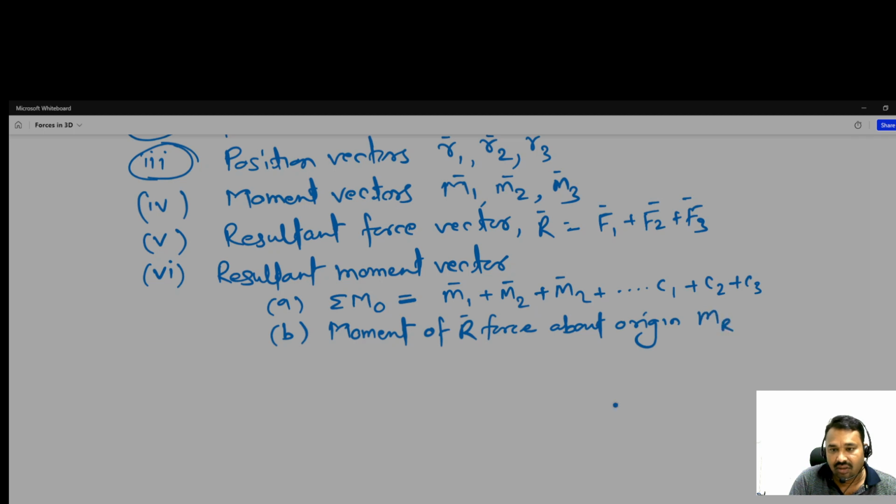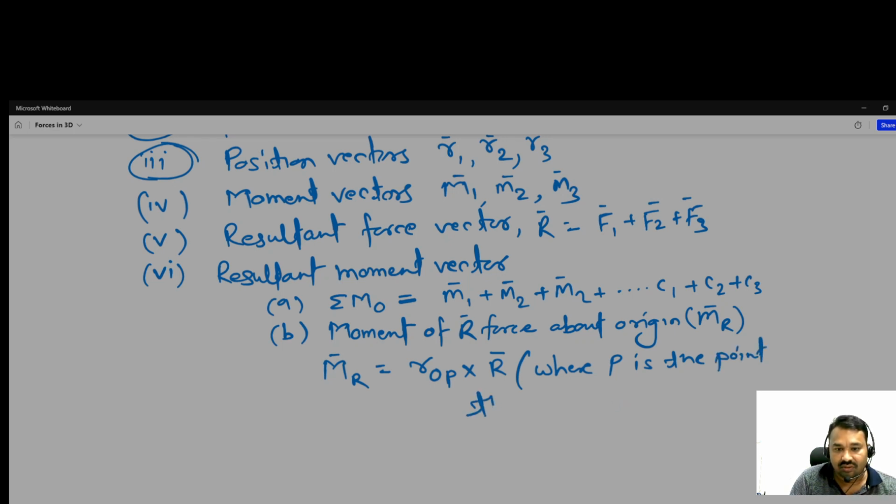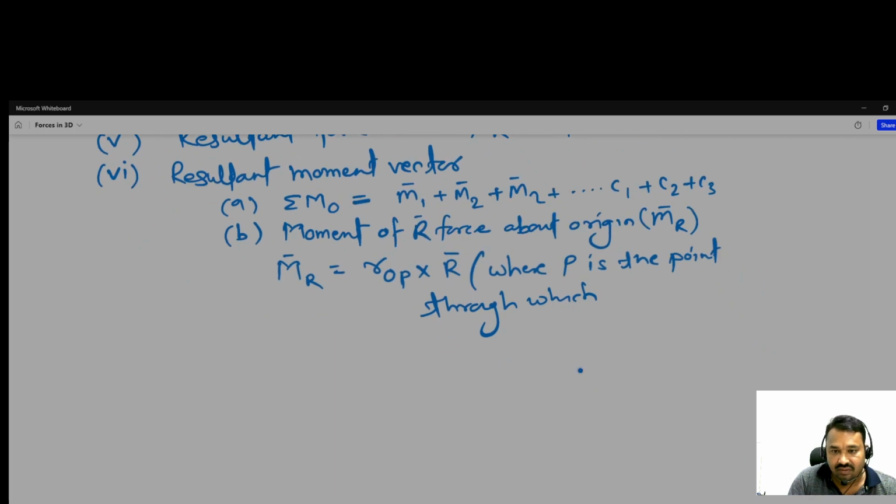that is MR, and MR is equal to ROP cross product the resultant, where P is the point through which the resultant acts, and this ROP is the position vector of the resultant from the origin.